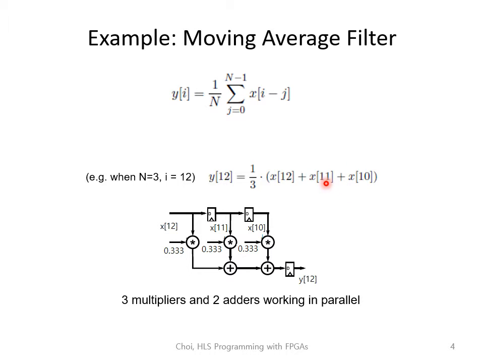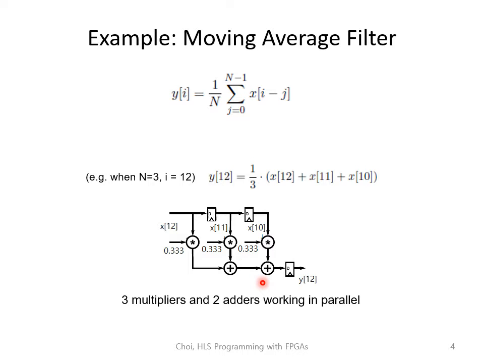Let's take a look at the hardware diagram. At each cycle, the value of x gets shifted to the right. This is called a shift register. And at each cycle, the values of x get multiplied by the coefficients and added together.